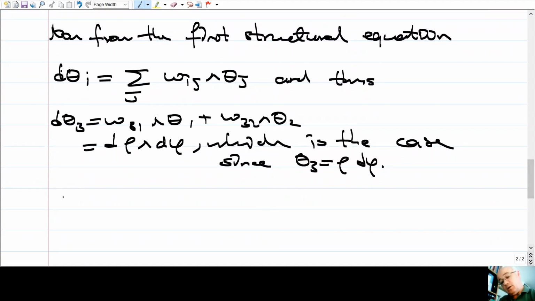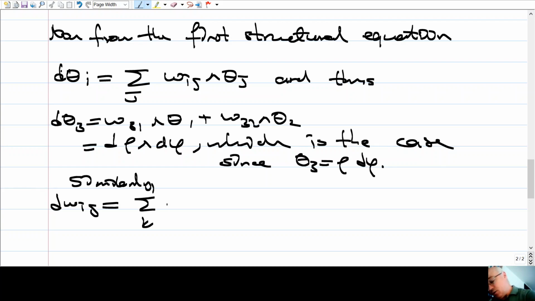What about the omega ij from the second structural equation? We get, so similarly, from the second structural equation, d omega ij is just the sum of omega ik wedge omega kj.